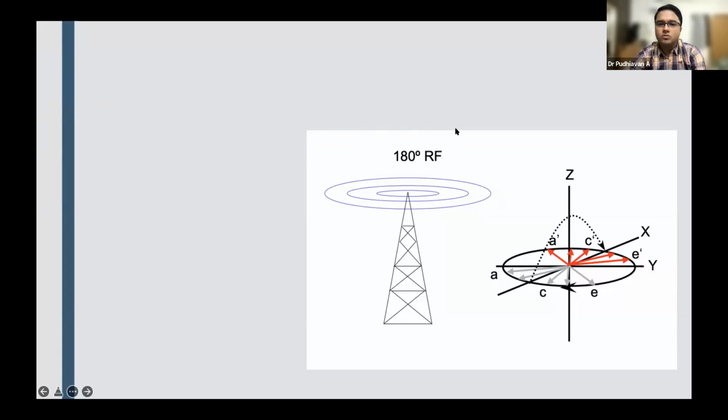What the 180-degree pulse does is flip the protons by creating a phase flip. When there is a phase flip, the protons which were dephasing start to rephase.